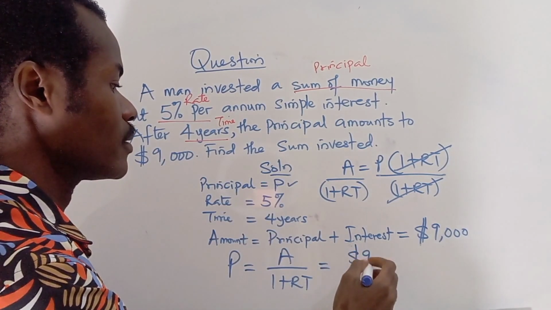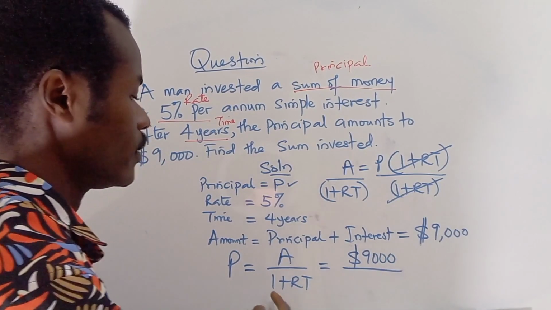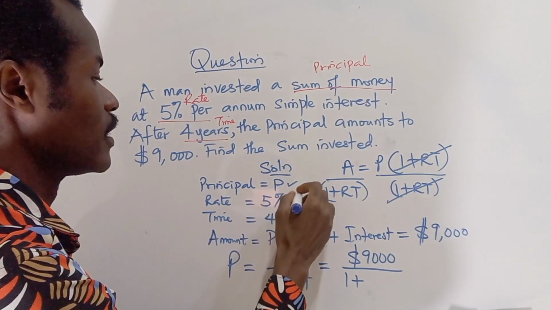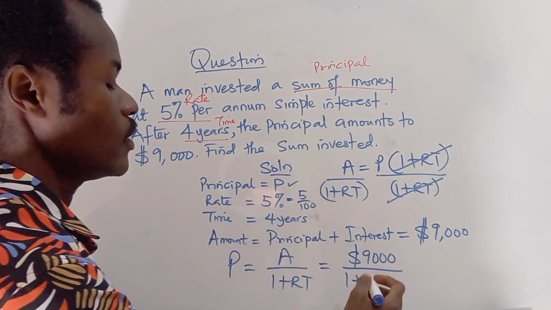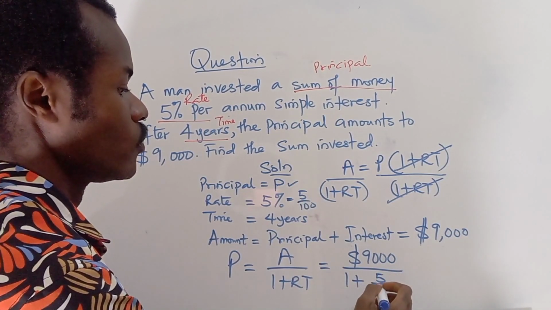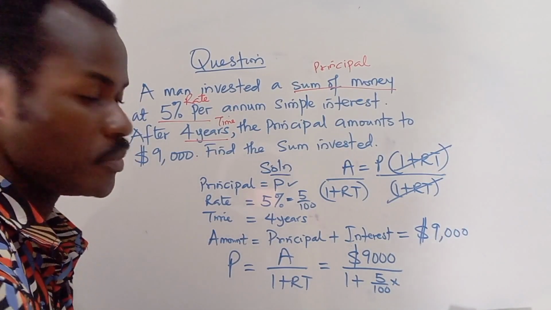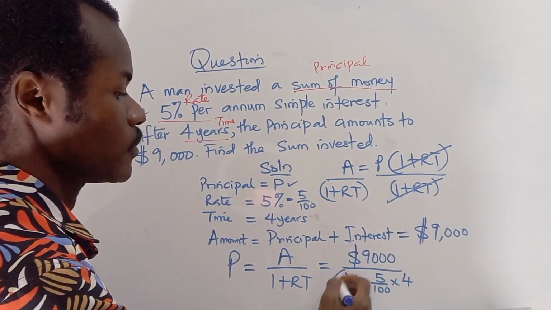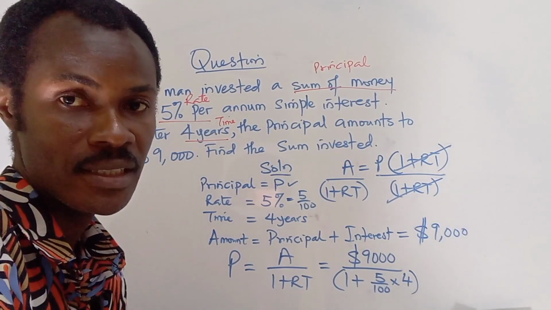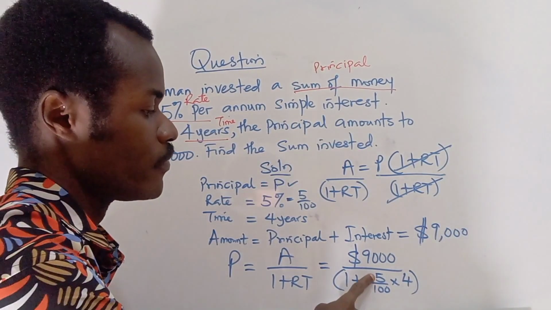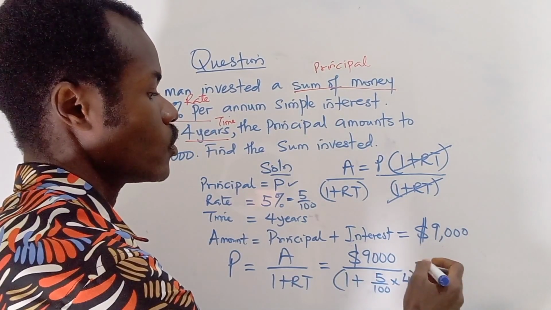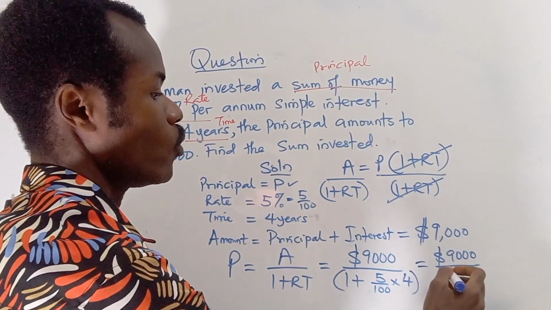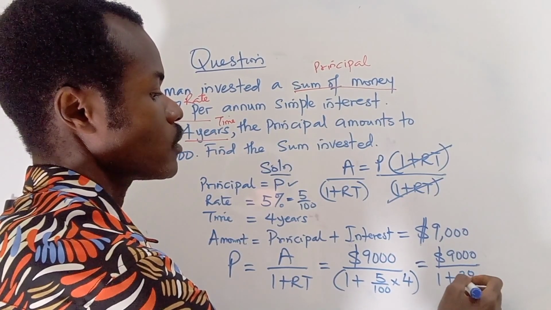So we have $9,000 divided by 1 plus, our rate is 5%. 5% means 5 over 100, so we can write that as 5 divided by 100 times our time, which is 4 years. So we have 4. We are going to simplify all this. Now, 5 times 4 is 20. So we have $9,000 divided by 1 plus 20 over 100.